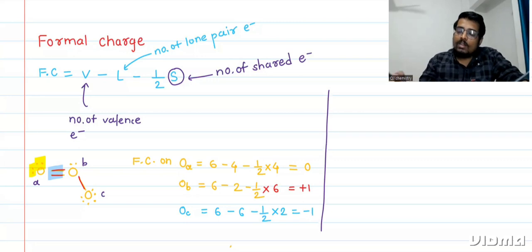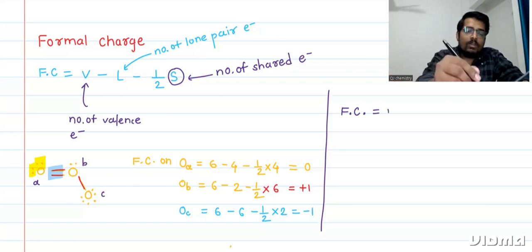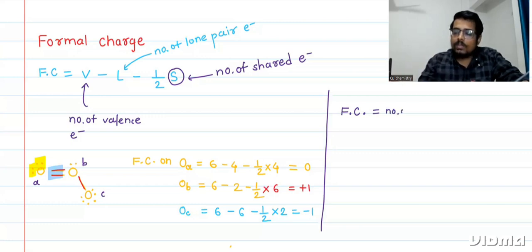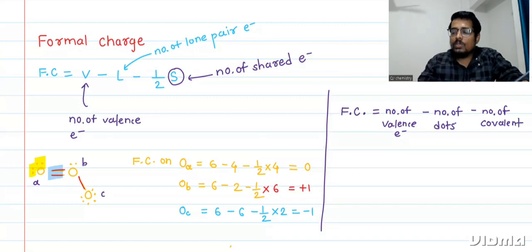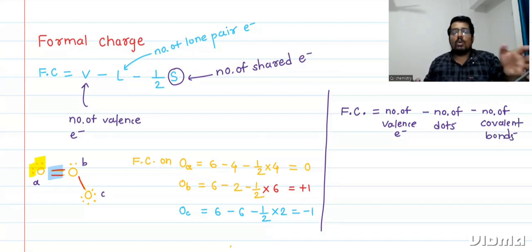The trick is: formal charge is equal to the number of valence electrons, minus the number of dots on the atom, minus the number of covalent bonds. So by using this trick also, we can calculate the formal charge on any atom present in a compound or molecule.